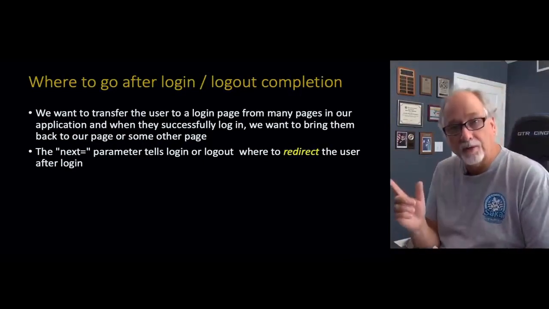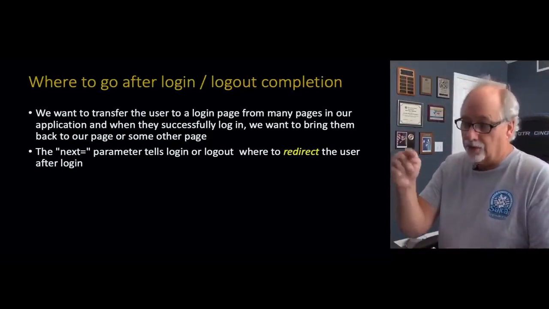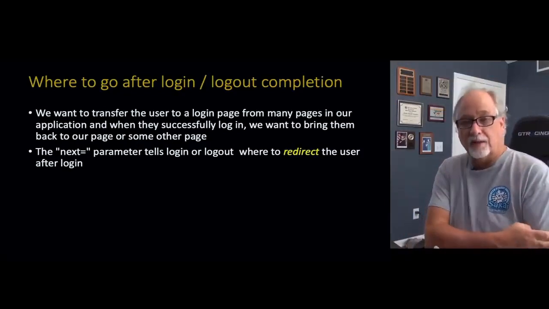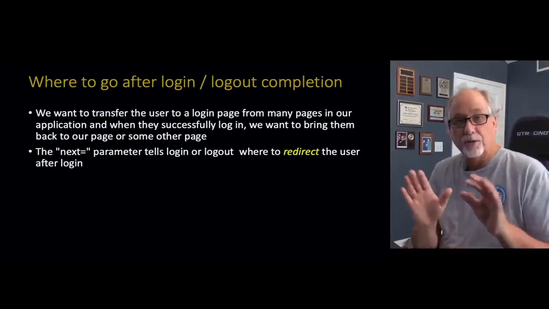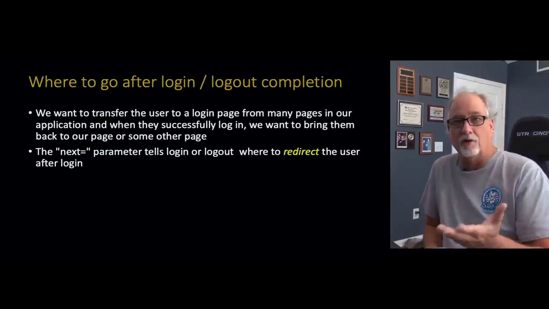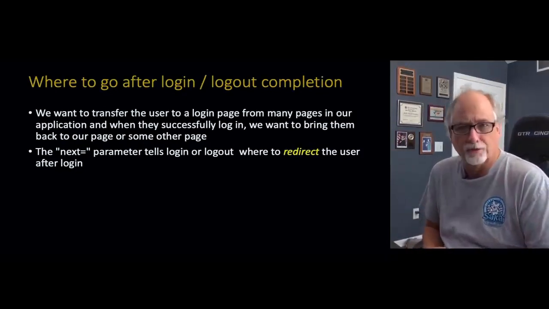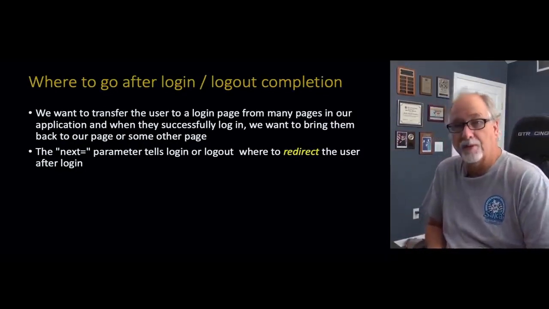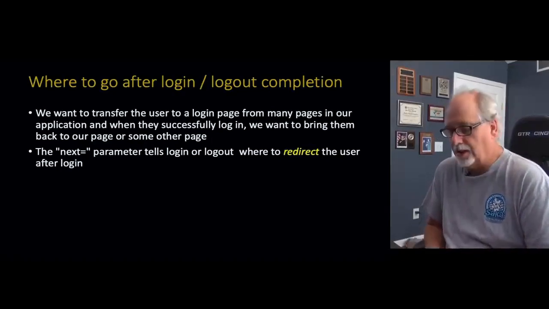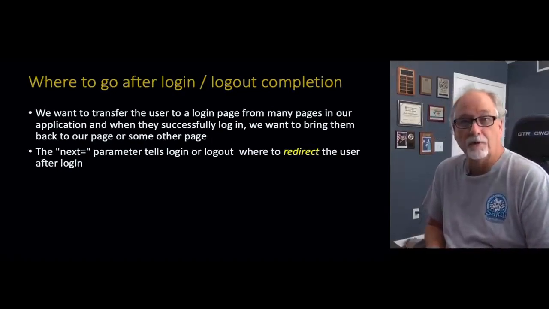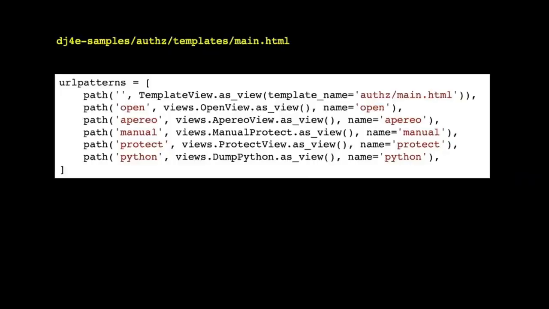So you go to the page, and then when you're done logging in, you want to come right back to that page. That's using redirecting, but it's redirecting after login is successful or after logout is successful. Logouts are almost always successful. So there's a GET parameter that we can add, and it's next equals, and we give it a path.